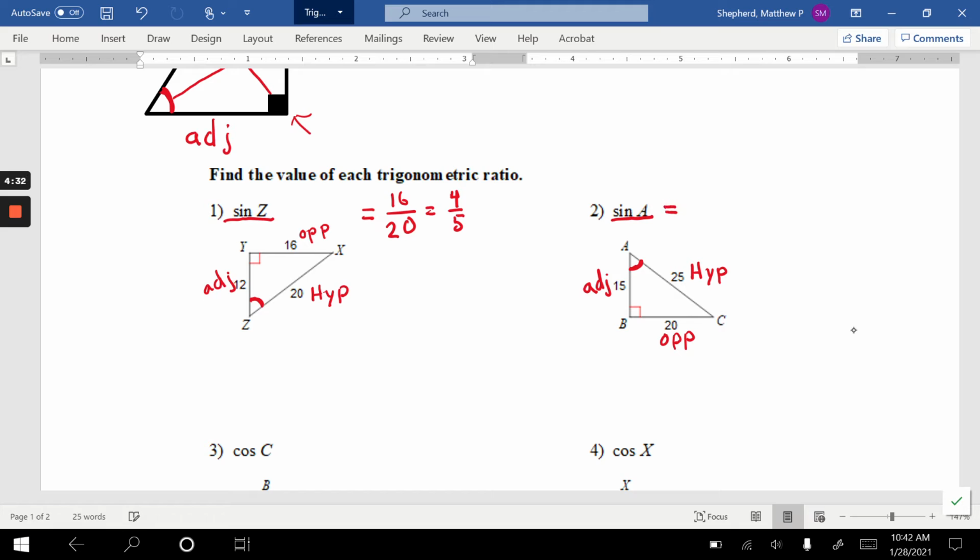Sine will always give opposite over hypotenuse, the SOH in SOHCAHTOA. So we have 20 over the hypotenuse of 25, which simplifies down to 4/5. Interesting, so it looks like angle A and angle Z must have been exactly the same.